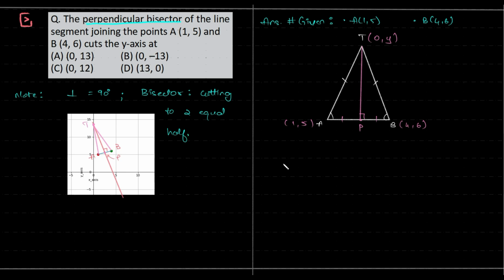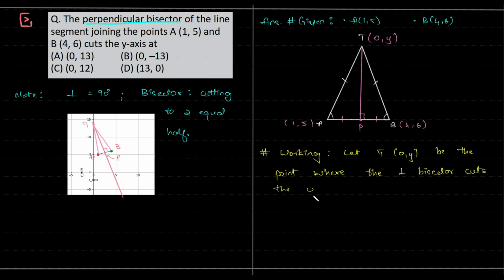Okay guys, so I'll start off with the working, talking about point T. Let T (0, y) be the point where the perpendicular bisector cuts the y-axis.